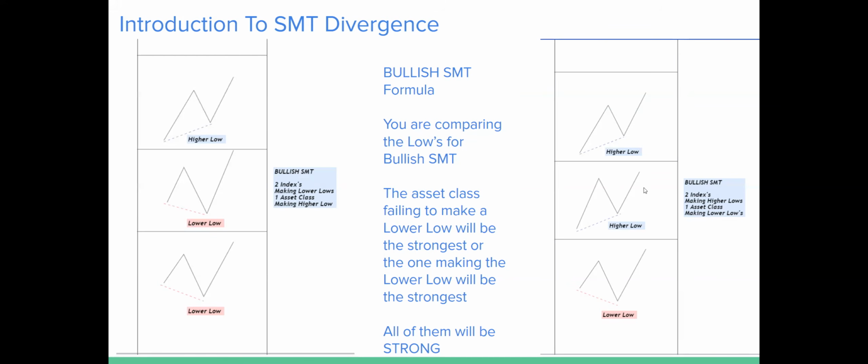On the right side, this is the second formula. Two indexes making higher lows, while one asset class is making a lower low. So you have, let's say ES is making a higher low, you have NQ making a higher low, and then you have YM making a lower low. This one would be the strongest because it's the odd one out.